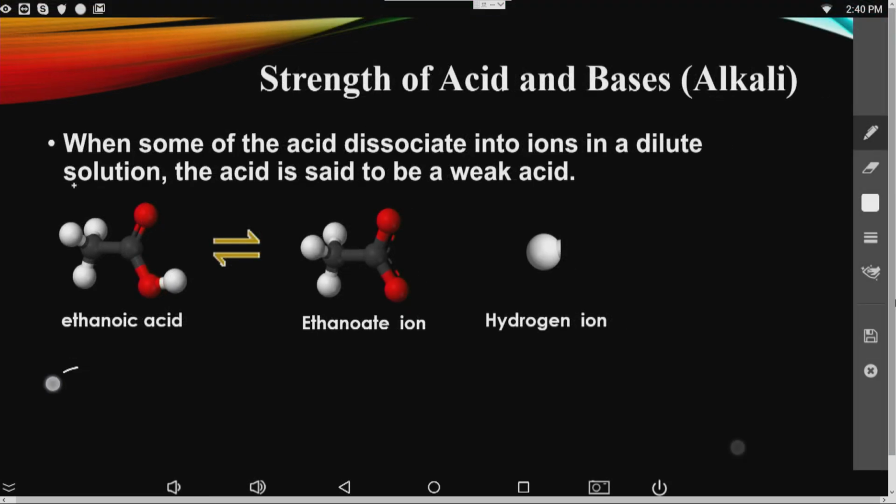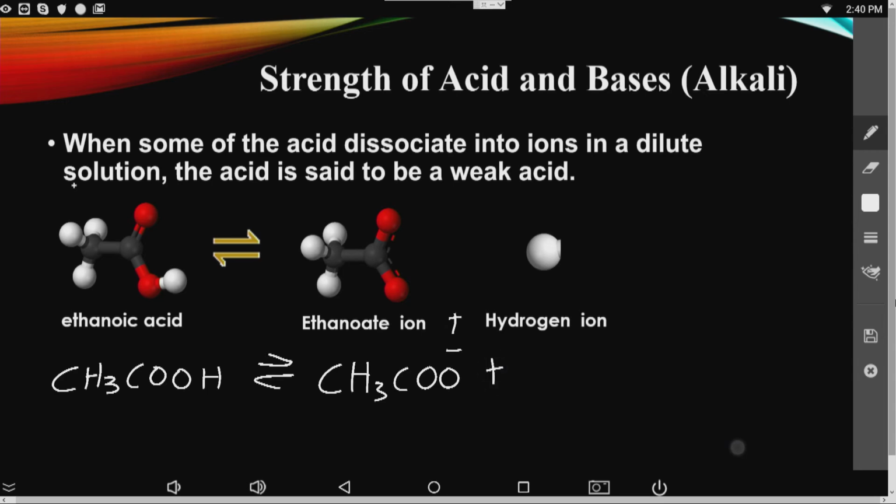And so here we would have CH3COOH, our reversible sign, then we have CH3COO-, plus H+. The reversible sign indicates that there are both ethanoic acid, the ethanoate ion, and the hydrogen ion present in solution.